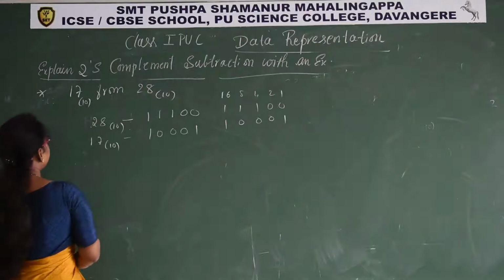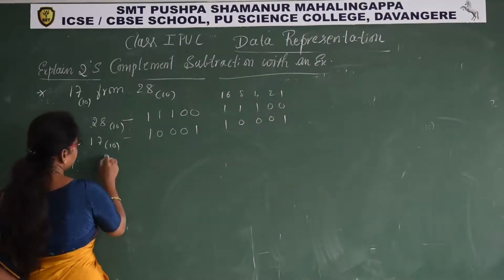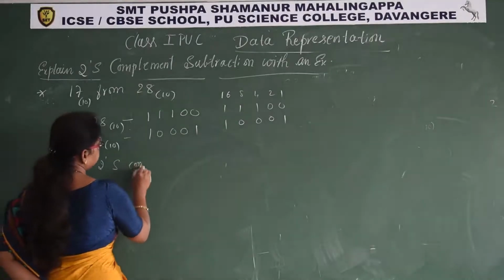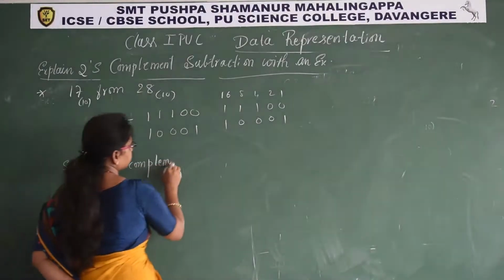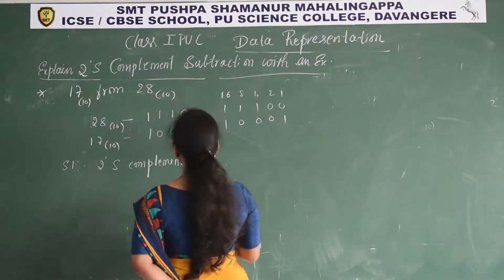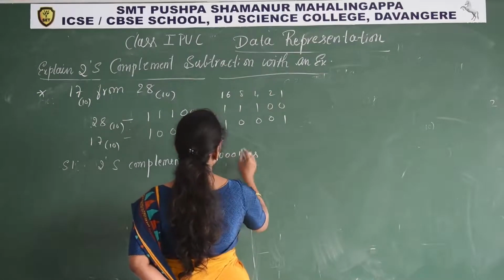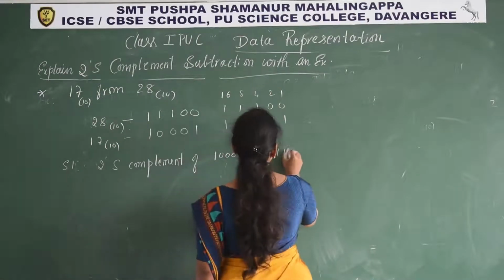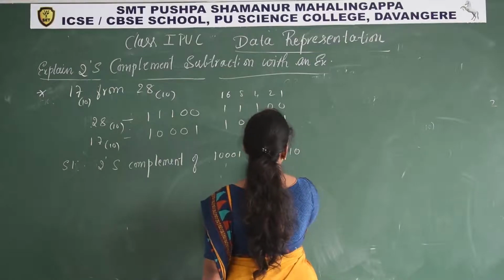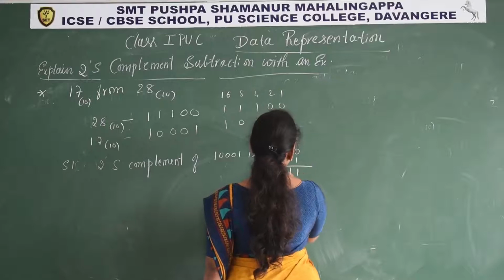Now take the 2's complement of the subtrahend, that is the 2's complement of 17. 1, 0, 0, 0, 1 becomes 0, 1, 1, 1, 0 plus 1, which is 0, 1, 1, 1, 1.